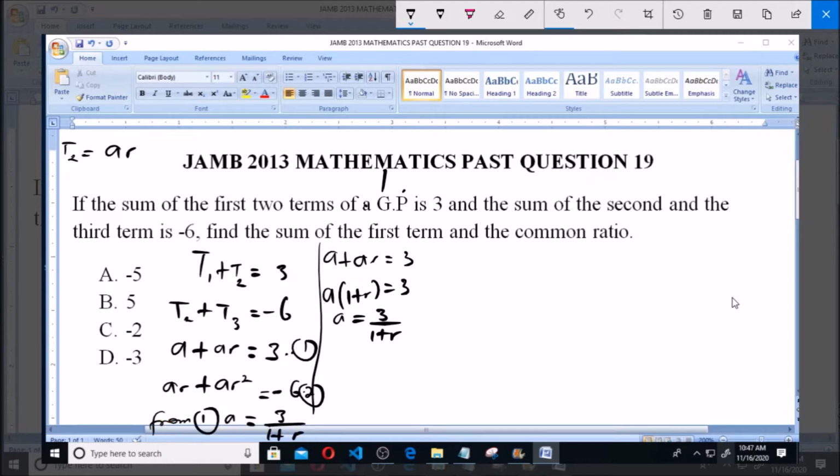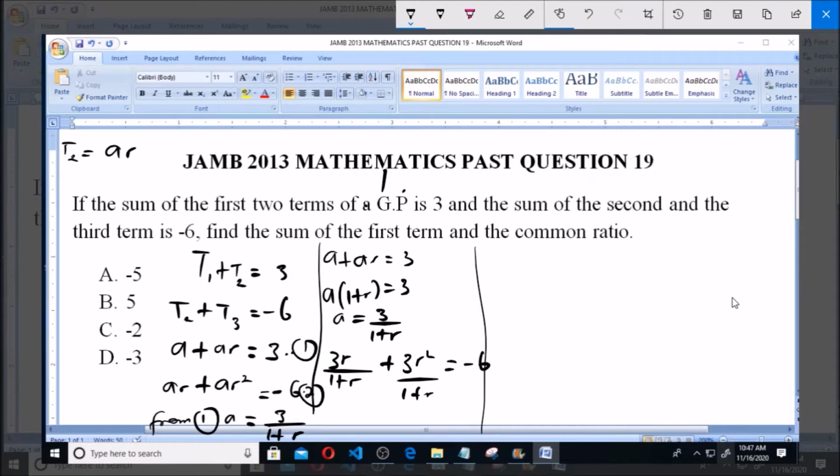Now we'll substitute this for A in equation 2. That means wherever we see A in equation 2, we put 3 over 1 plus R. So equation 2 now becomes 3R over 1 plus R, plus 3R square over 1 plus R, equals minus 6. Now since they have the same denominator, we just simply add.